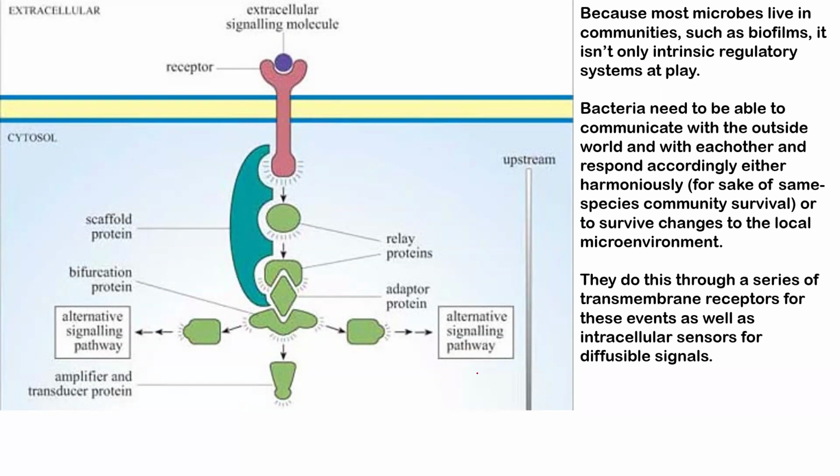So it's a combination of the ability to communicate with the environment, or extracellular communication, and intracellular communication. Extracellular communication and intracellular communication depend predominantly on what we call relay systems.